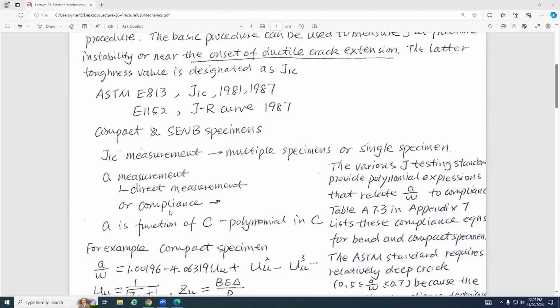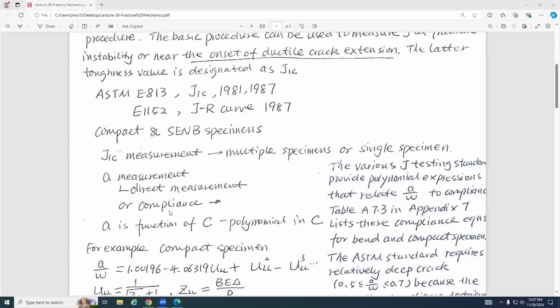But compliance means that after we have the cracked body, we will keep loading it, and then at some point we unload it, and then we will see the unloading curve. We see loading, unloading.